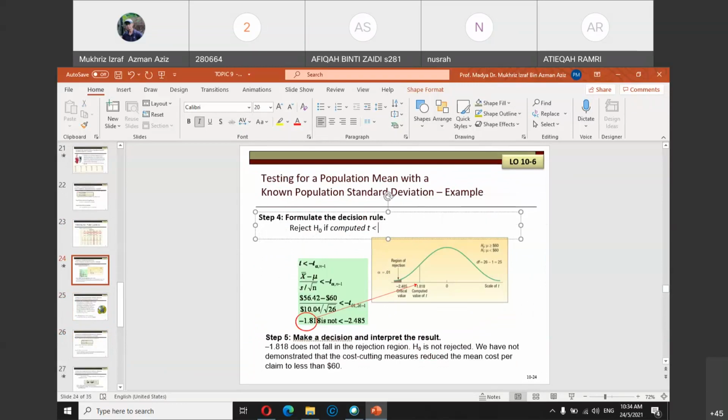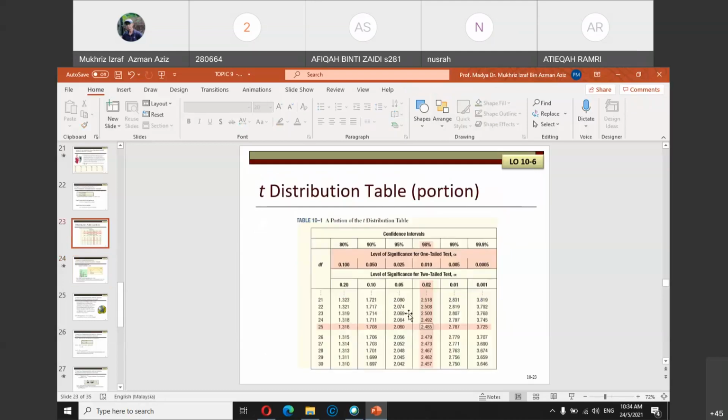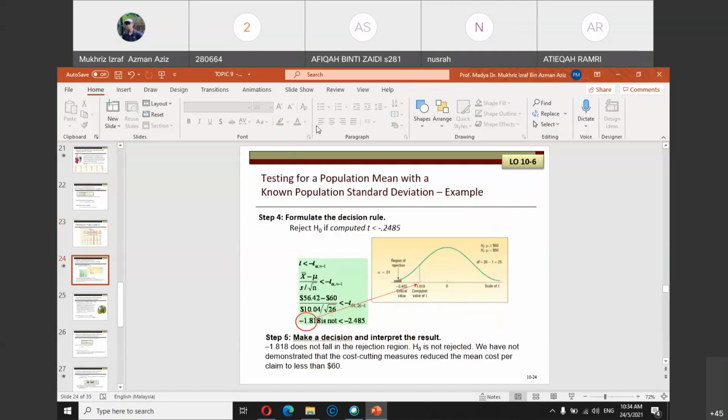So it will be negative 2.485. Make sure that you put the negative sign, because the t table only gives you positive values. If you are doing a one tail test on the left, because the value is on the left side of the distribution, anything left on this will be negative value.